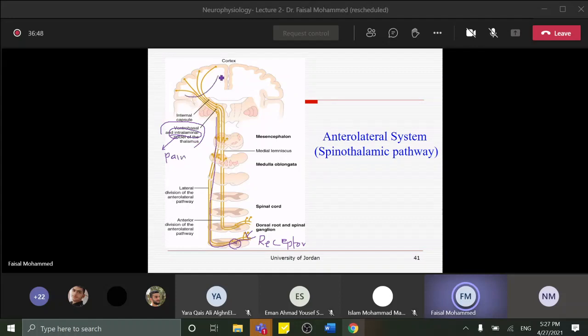Then it goes to the primary post-central gyrus area in the cerebral cortex. This is the pathway for the anterior lateral spinothalamic pathway.